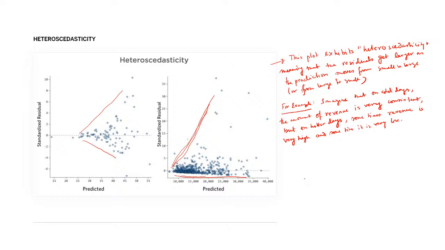Often heteroscedasticity indicates that a variable is missing.